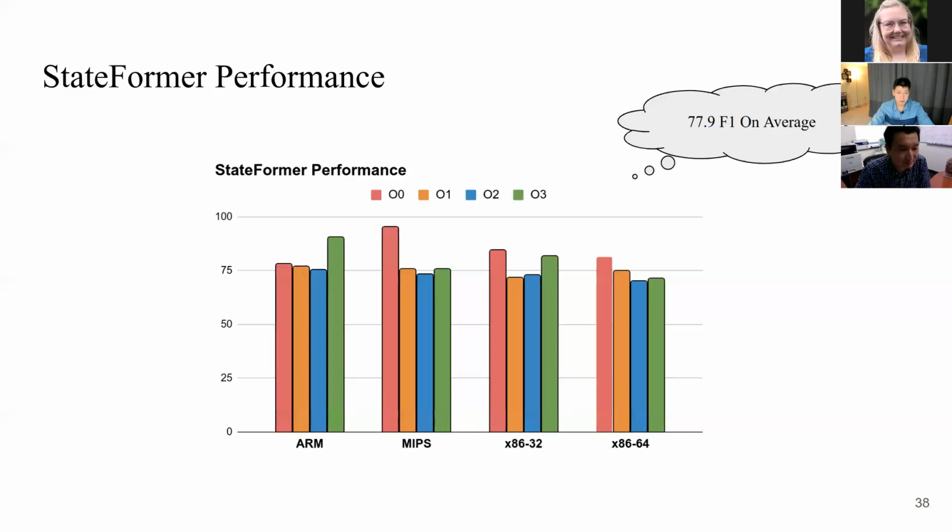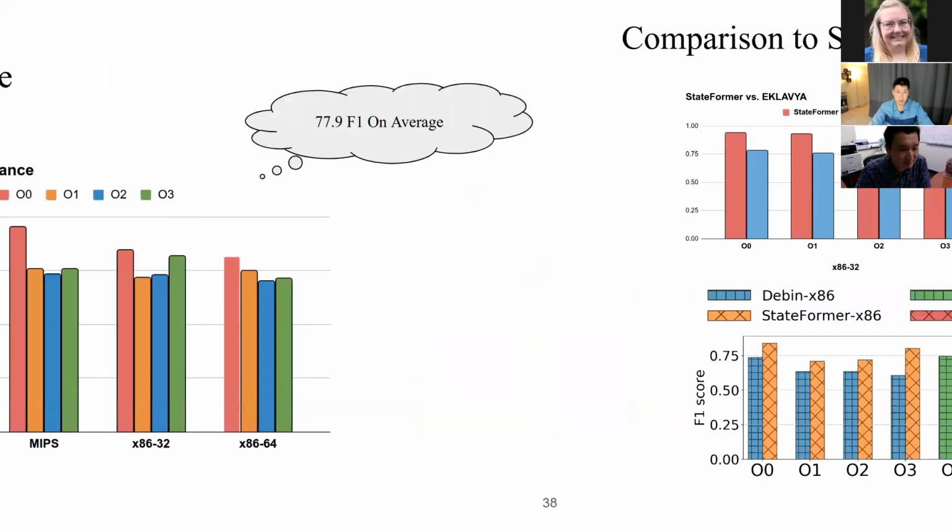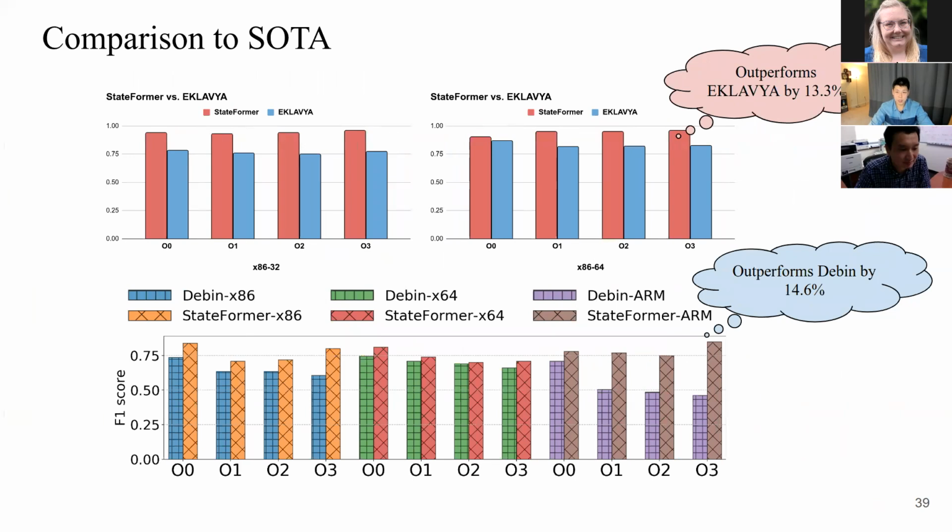The first main result is that StateFormer performs equally well on different instruction set architectures as well as different optimization levels, achieving a 77.9 F1 score on average. And it outperforms EKLAVYA on function signature recovery by 13.3 and outperforms DEBIN by 14.6 throughout all architectures and optimizations.